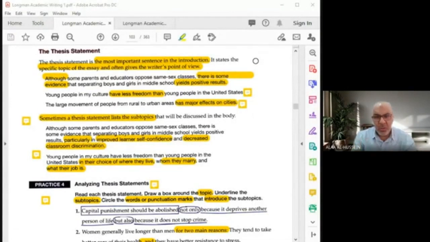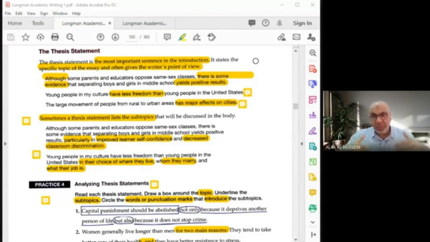As you have all heard many times from me and from other teachers, the thesis statement is the most important element of the whole essay, not only of the introductory paragraph, but it is the key or the core sentence for the whole essay.